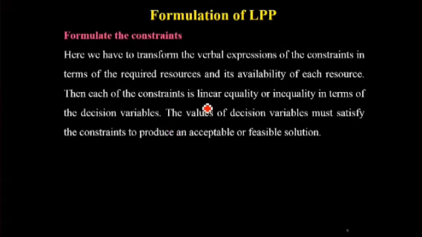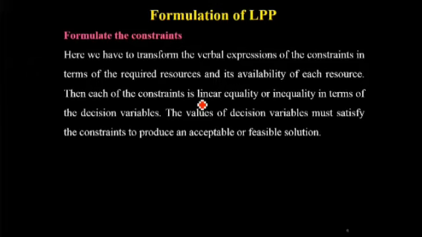Each constraint is linear, equality or inequality. So when we write the constraints, sometimes it may be equality, like p1 x1 plus p2 x2 equal to some value, or sometimes p1 x1 plus p2 x2 less than some value, greater than some value, or greater than or equal to, less than or equal to.